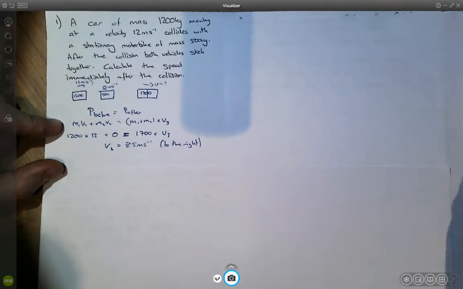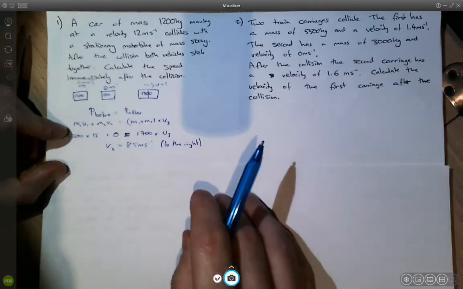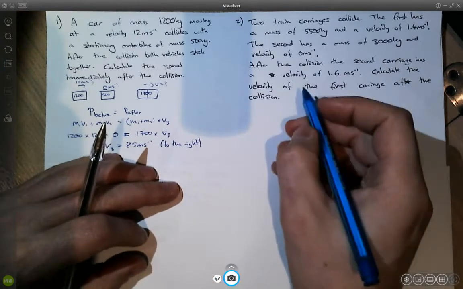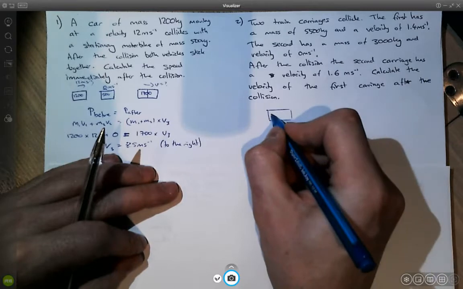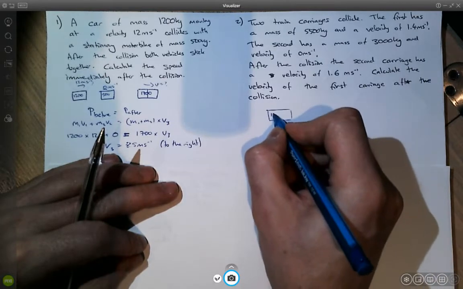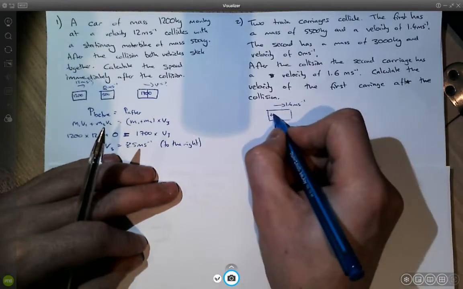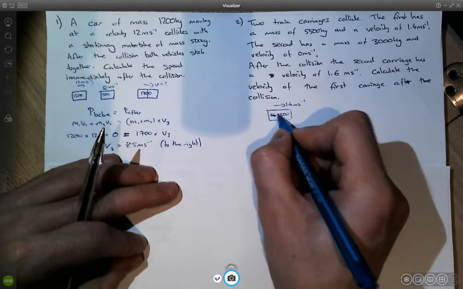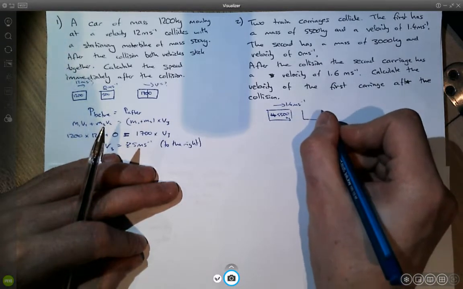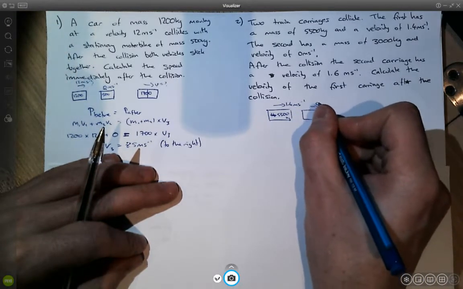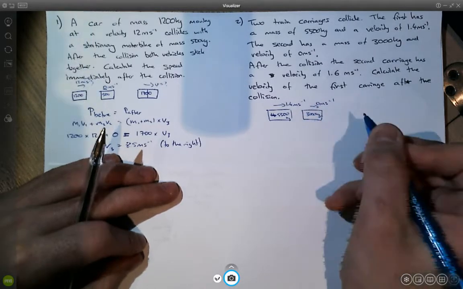Pause the video now and try question 2. So let's do a quick sketch. We've got the first train carriage has a velocity of 1.4 meters per second and a mass of 5,500 kilograms. The second is stationary and has a mass of 3,000 kilograms.